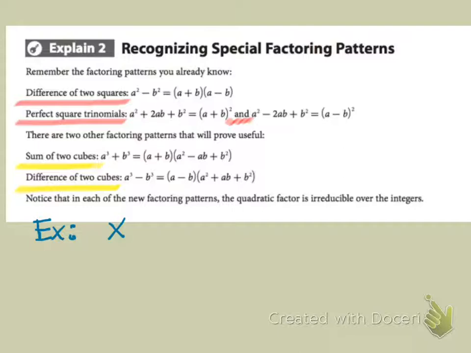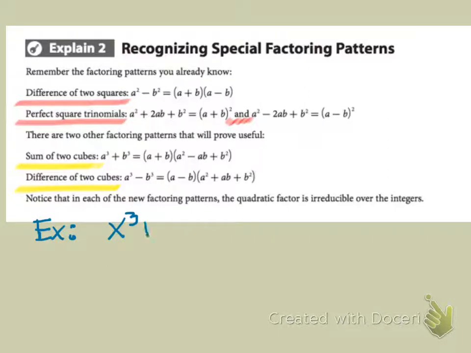Your first perfect cubes are 1 and then 8. 27 is 3 cubed. If you cube 4, that's 64. 5 cubed is 125. 6 cubed is 216. 7 cubed is 343, and so on. If you have a nice little list of perfect cubes that you can rely on, you'll recognize them when you see them.